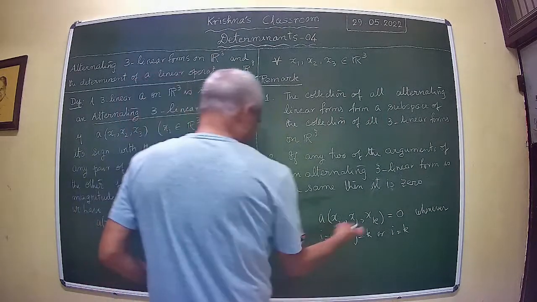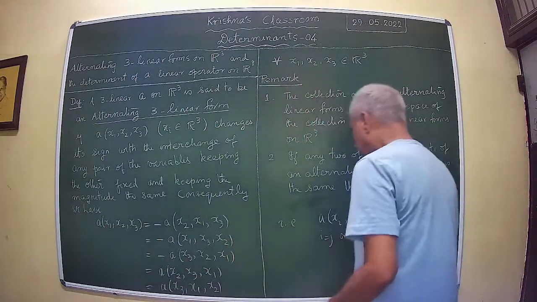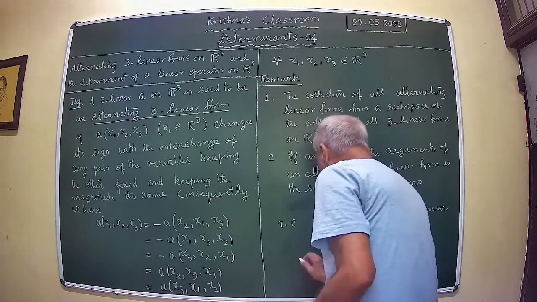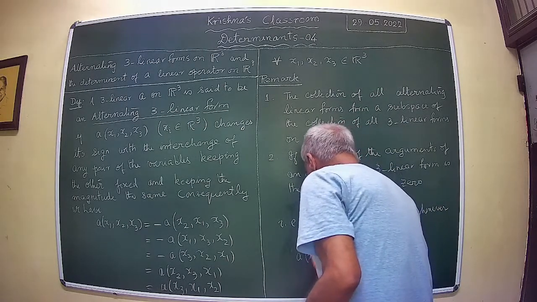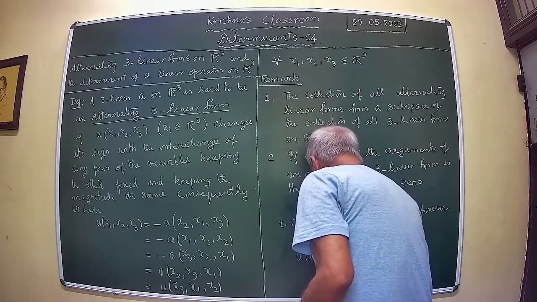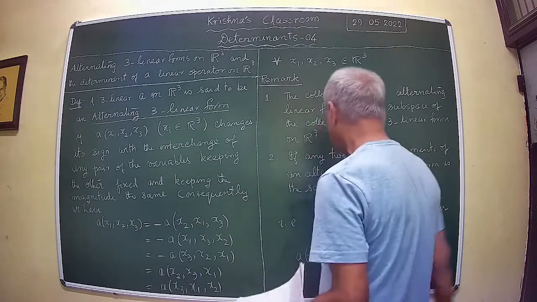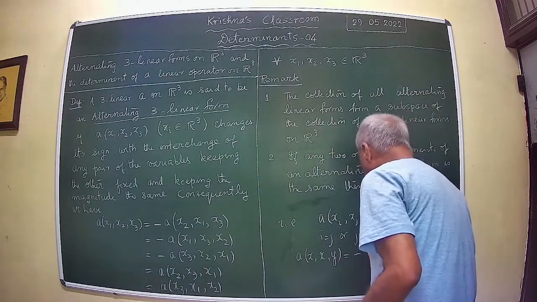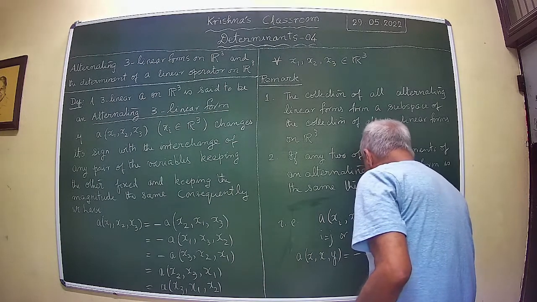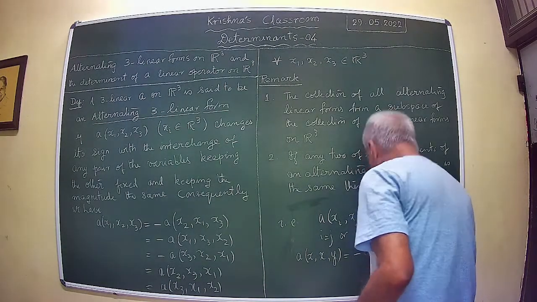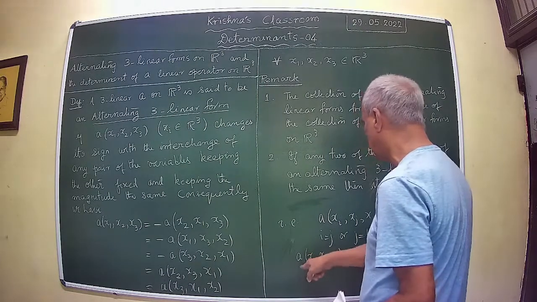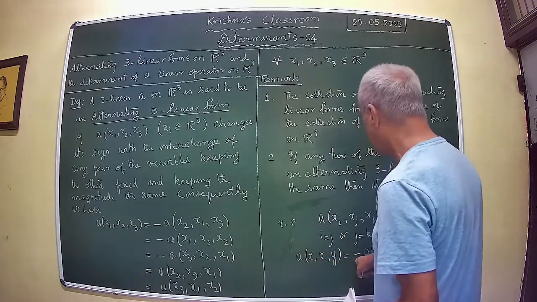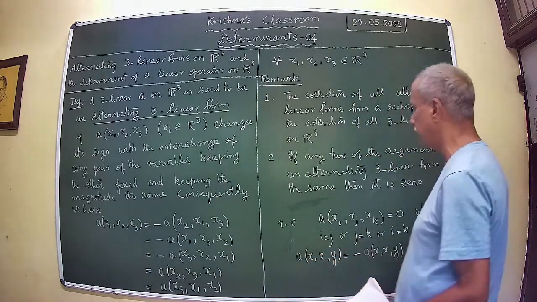Now this is quite easy to prove because you take A of x, x, y. This is also equal to minus A of x, x, y. The reason is, if you interchange, this is alternating, therefore the magnitude remains the same but the sign changes.